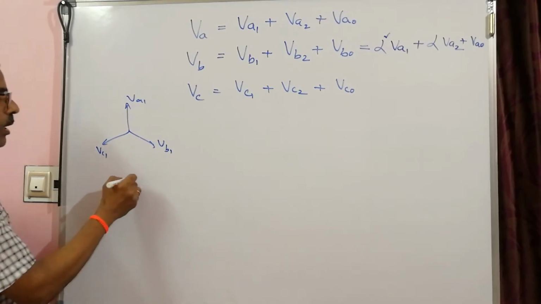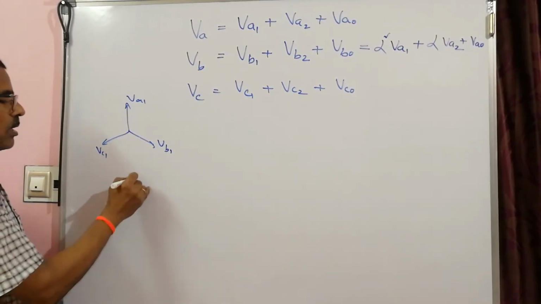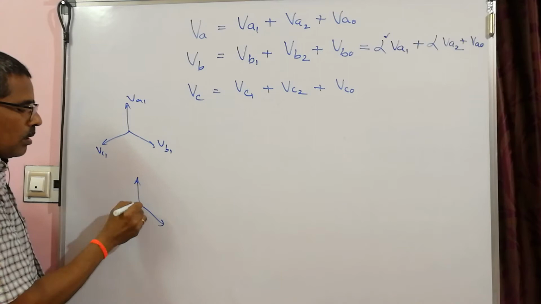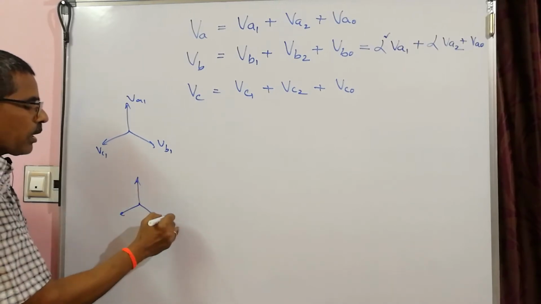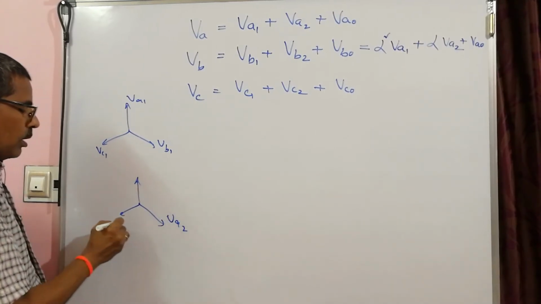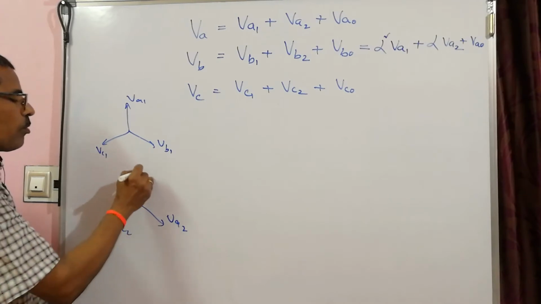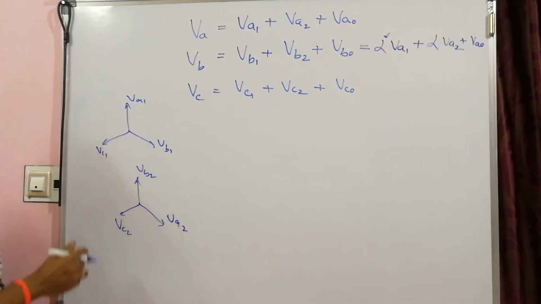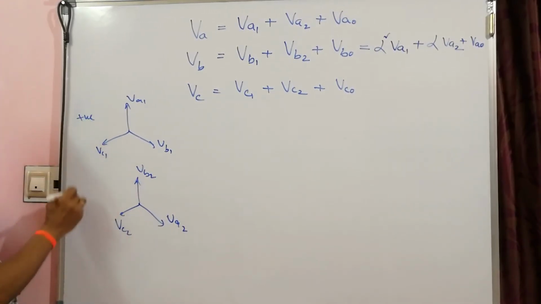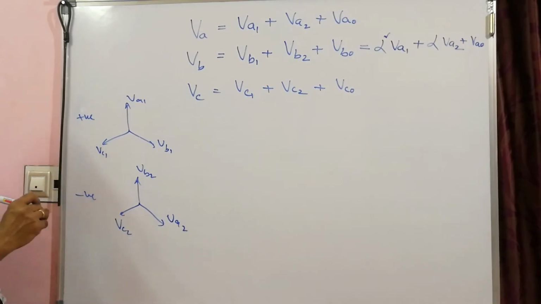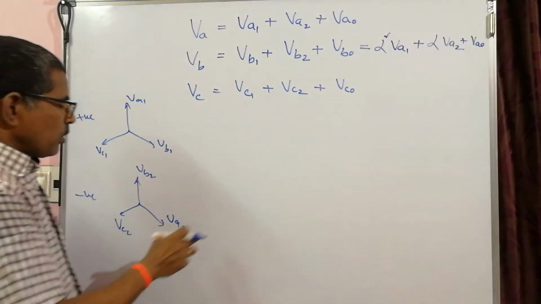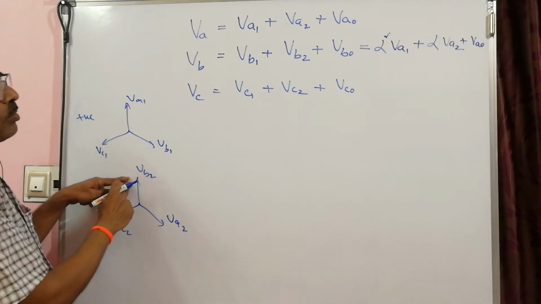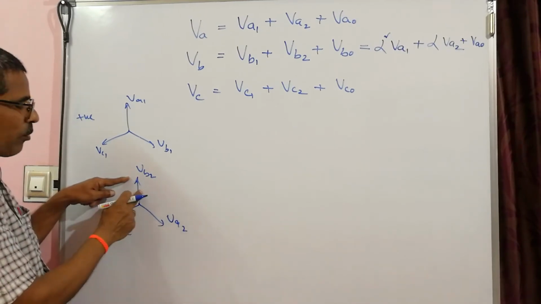So, you need to take the other set. If you take VA2, this is VC2, VB2, because it follows negative sequence. Okay, this is positive sequence, this is negative sequence. So, what is VB2? VB2 with respect to VA2, it is alpha times VA2.